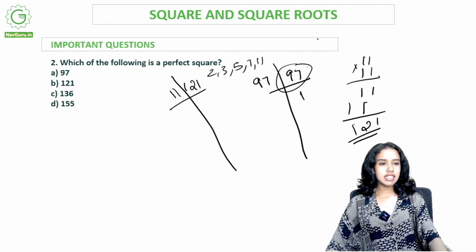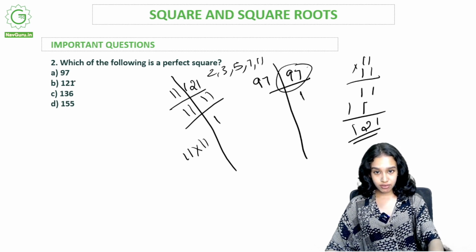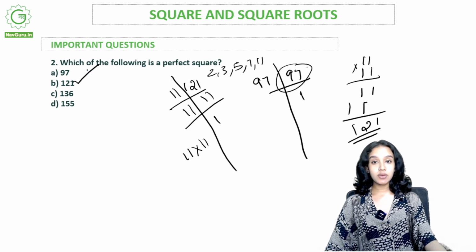Now there's an easy method to do this. So now we get 11 times 11, a pair of 11 here. So we found the answer, which is 121.